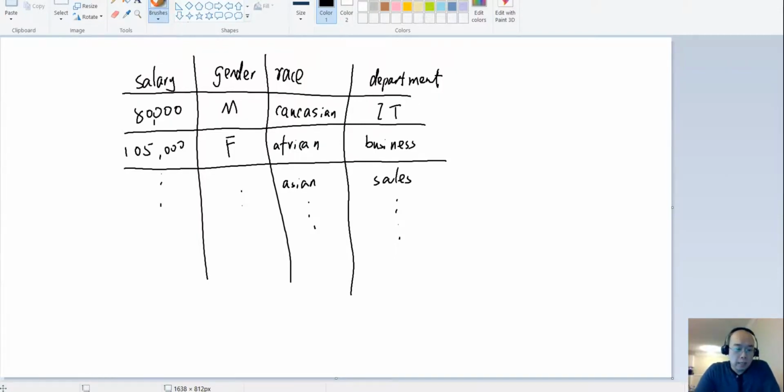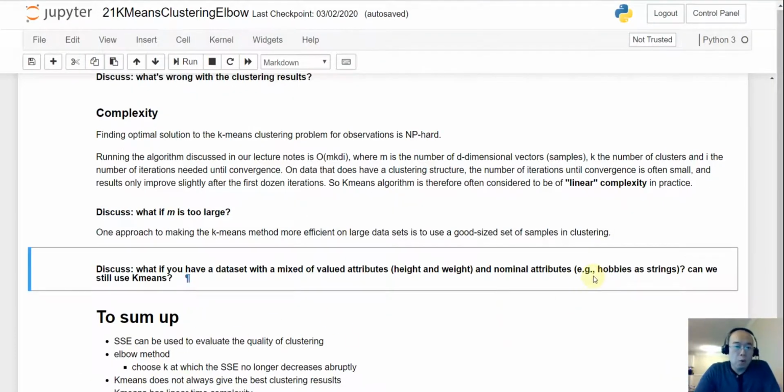So let's come back to the question. Can we still use k-means to cluster this kind of dataset?